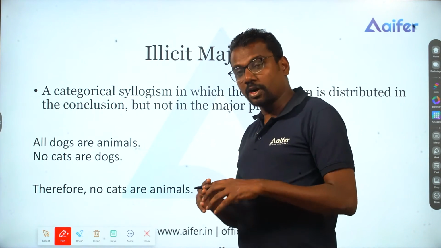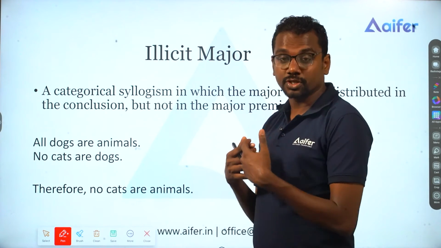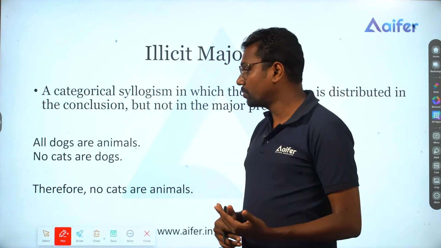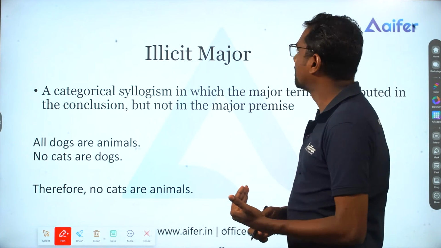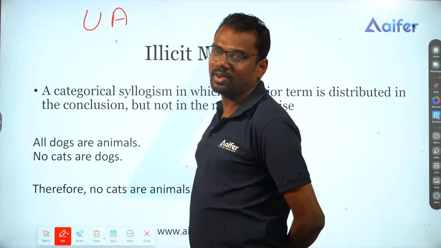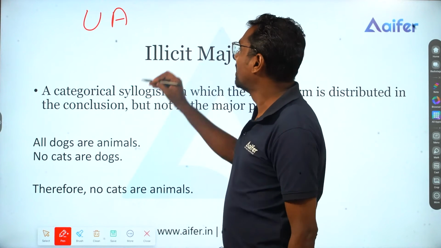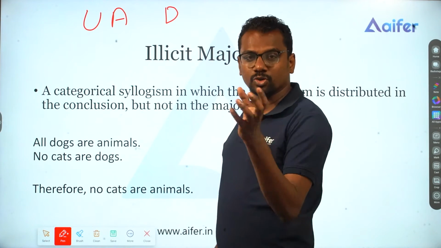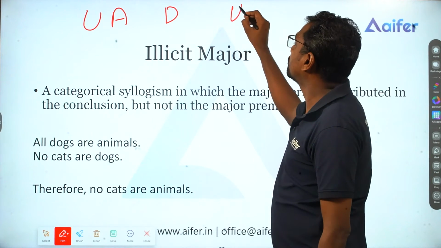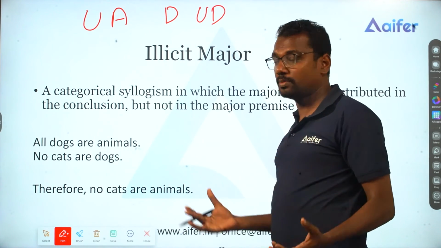When we refer to the whole population, it is distributed. If only a part of the population is referred to, it is undistributed. In universal affirmative, all cats are animals, the subject is distributed because it's all cats. The predicate, animals, is undistributed because we don't refer to the whole animal population.